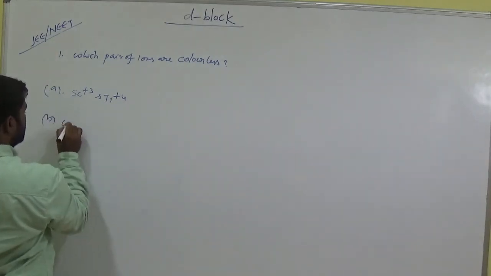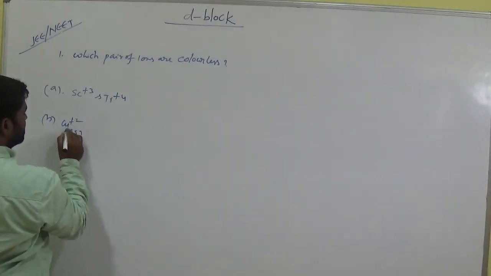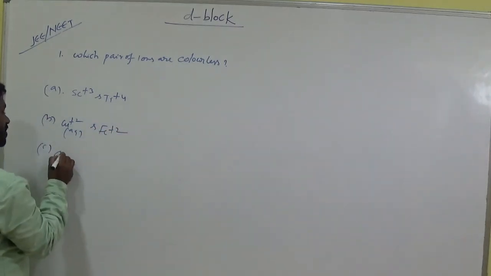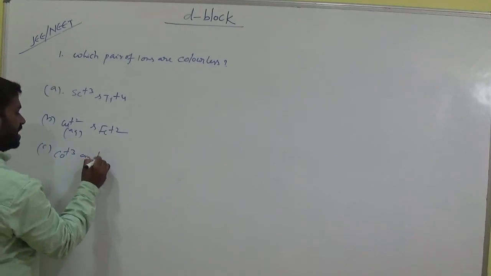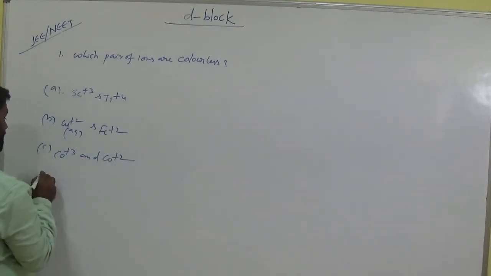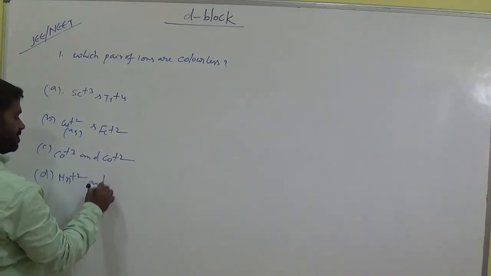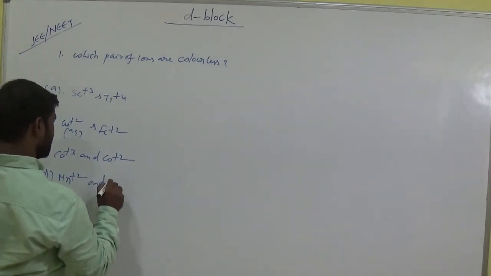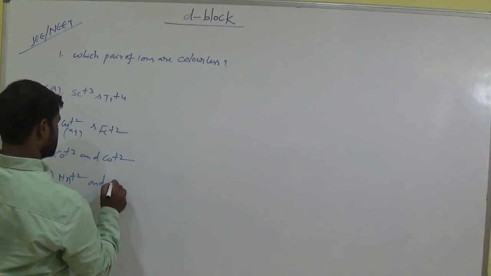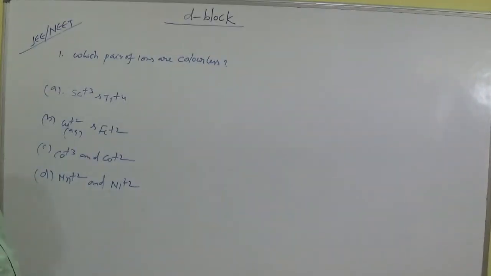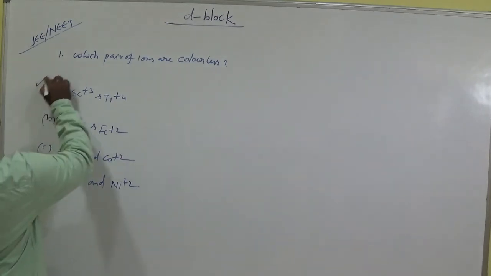Option B, Cu plus 2 aqueous and Fe plus 2. Option C, cobalt plus 3 and cobalt plus 2. Option D, Mn plus 2 and Ni plus 2. So which pair of ions are colorless here? Option A is the correct one.